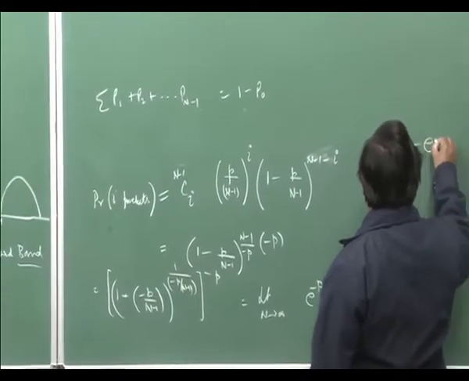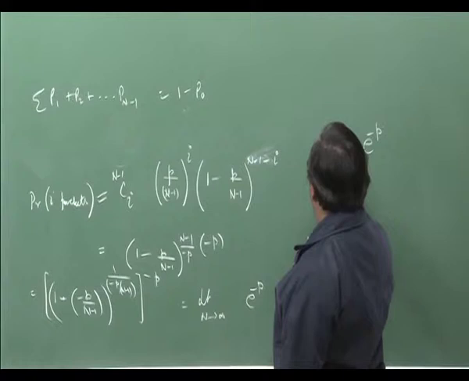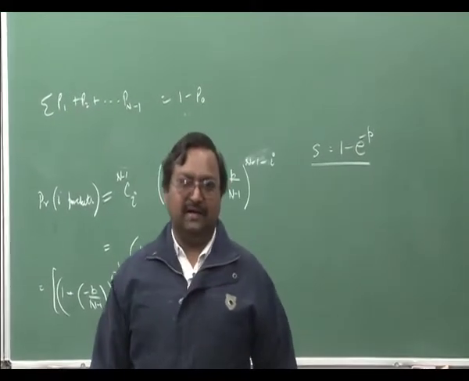So 1 minus e raised to power minus P is what is going to be the throughput S per line, the throughput per line will be this much.